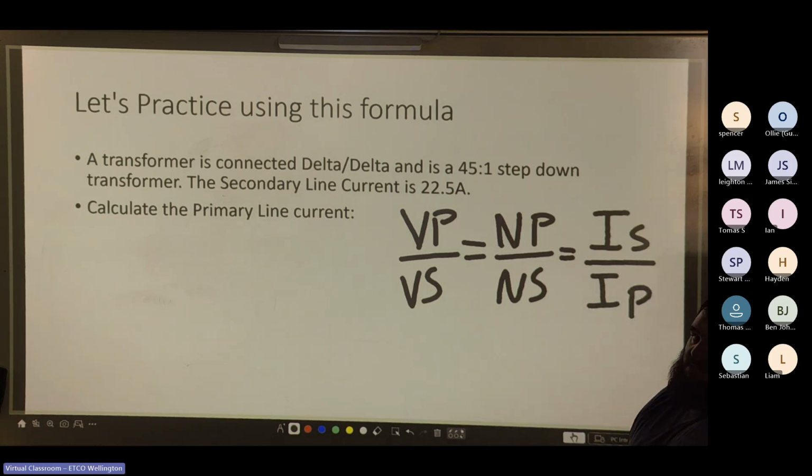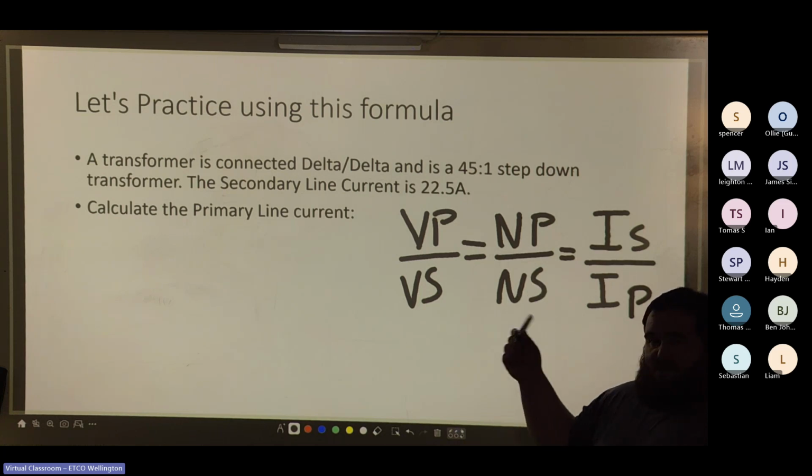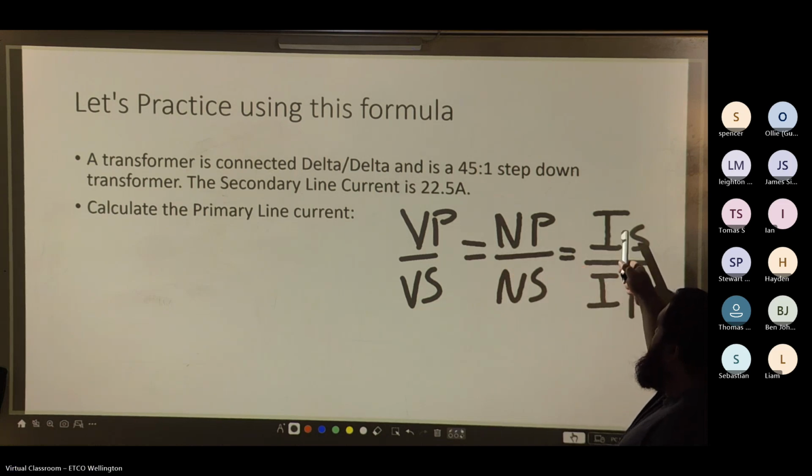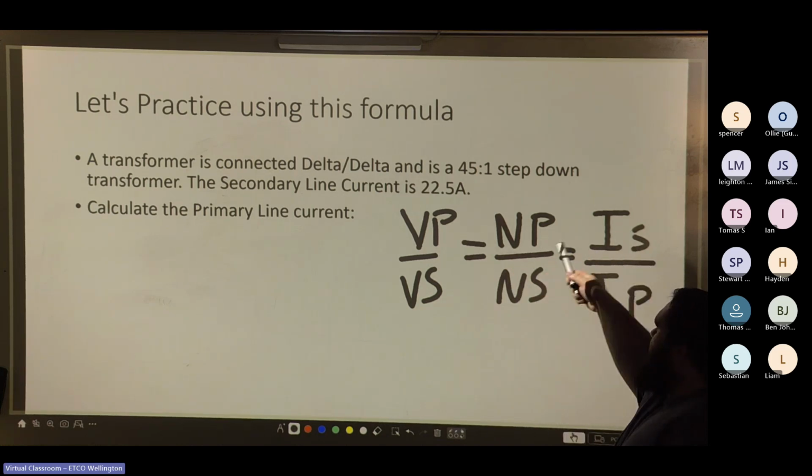When we talk about circuitry in terms of parallel and series, voltage and current are always the opposite of each other.